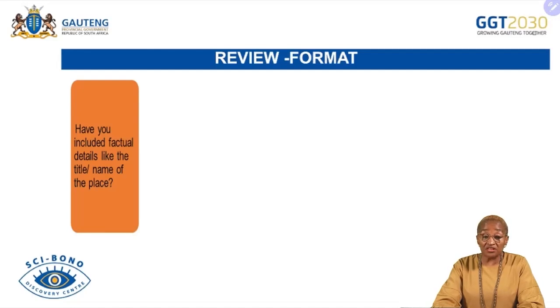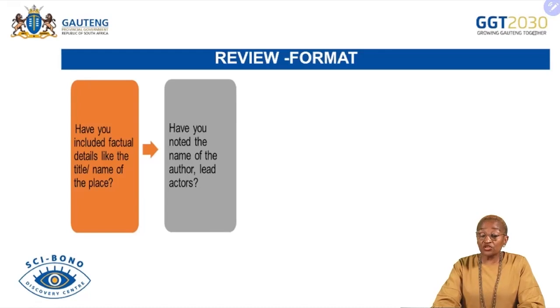So after you have written your review, you've got that checklist to use against your text. Check if you have included factual details like the title or the name of the place. Check if you have noted the name of the author or the lead actors.